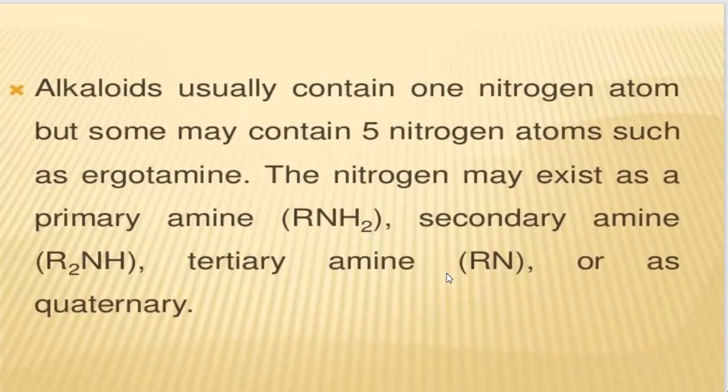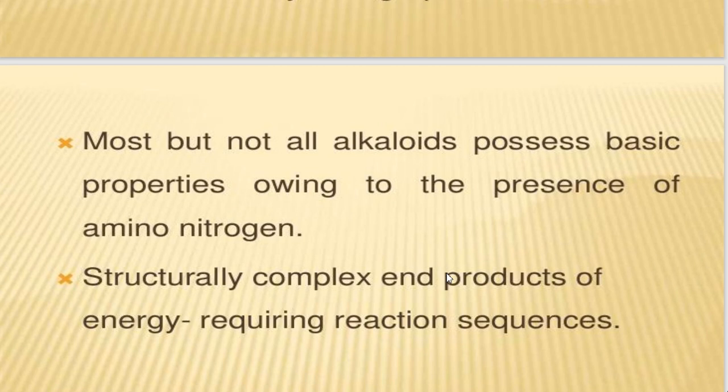So let's see ahead. Now most, but not all, alkaloids possess basic properties owing to the presence of amino nitrogen. We just saw the structure of a basic alkaloid, and we know that the amino group, NH, is there in it, that is the basic group. So not all, but depending on the presence of amino nitrogen, certain basic alkaloids are also present.